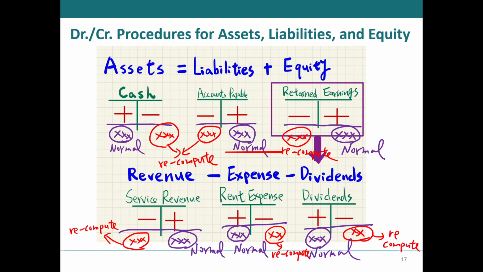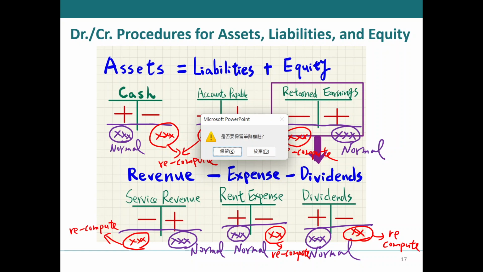So far, how many contents we cover? First is debit, credit. So you should understand when we talk about assets, increase on debit, decrease on credit. Liabilities, increase on credit, decrease on debit. So first thing we talk is debit, credit.